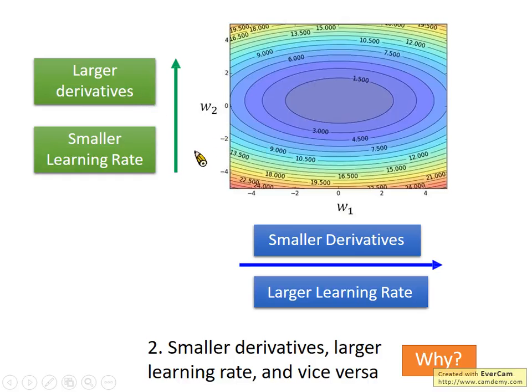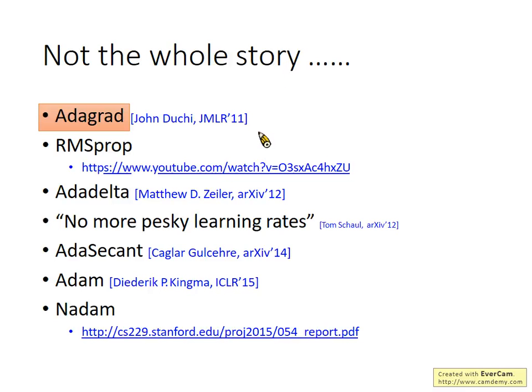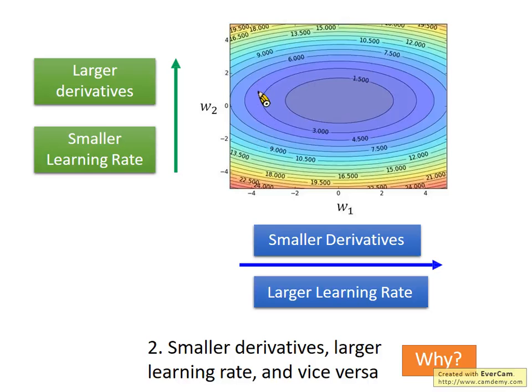According to the design of Adagrad, with smaller derivative, we will induce larger learning rate. With larger derivative, we will induce smaller learning rate. From this figure, you can imagine why. If the loss value changes significantly, we should keep our pace small so that we will not move too much and cross a big range.